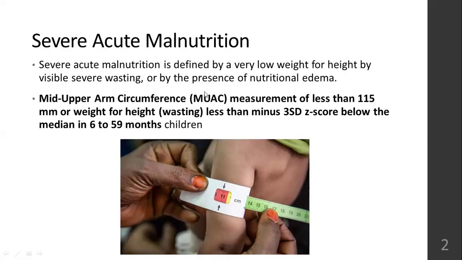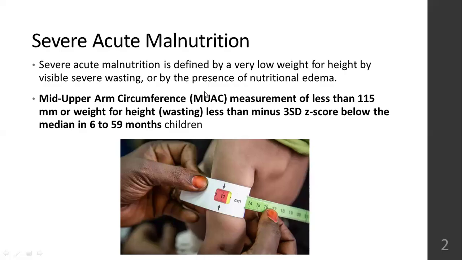Whatever is the length, at that point you have to place the measuring tape to check the circumference. And if the circumference is less than 11.5 centimeters, it means the child is suffering from malnutrition. You can see the image here. Like this, you place the tape around the arm.